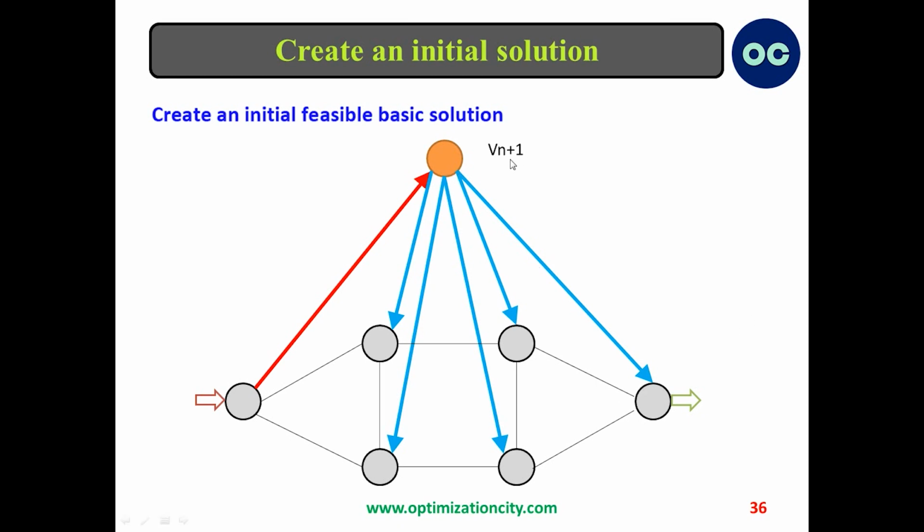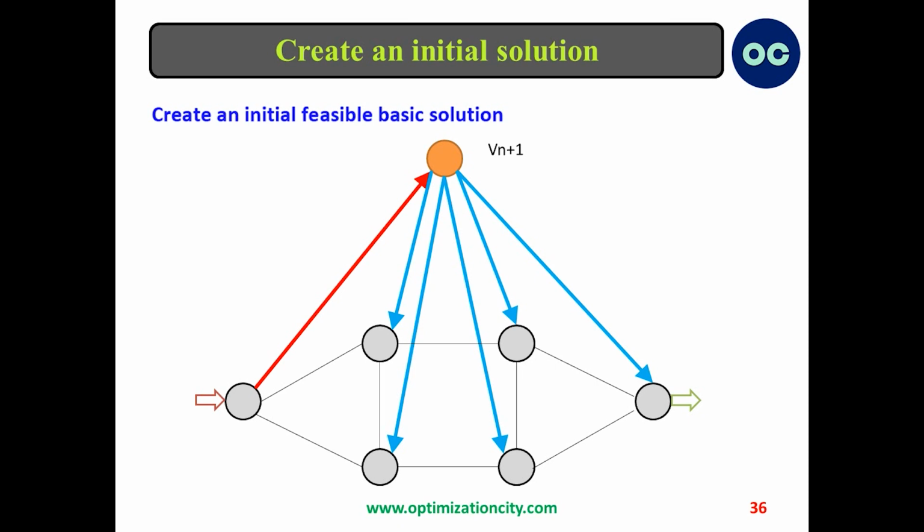For nodes with supply, we connect them to V n plus 1 by adding an arc with the cost of 1. On the other hand, for nodes with a demand or intermediate nodes, we connect V n plus 1 to those nodes with an arc having the cost of 1. The remaining arcs have a cost of 0.